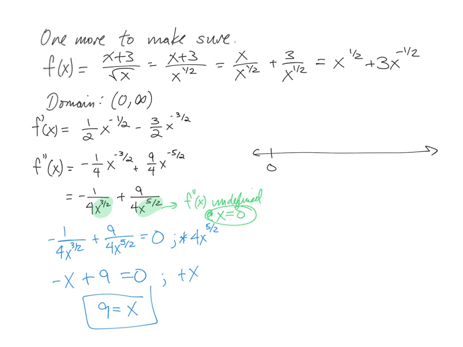We could continue with 9, and then you can pick 1, and you can pick, let's say 16. And I'm picking such strange numbers because when you find f double prime of 1, all of these half exponents here mean you will be taking a square root.